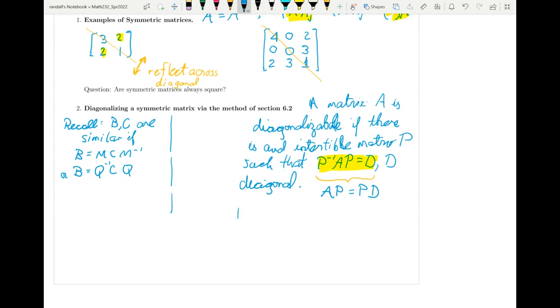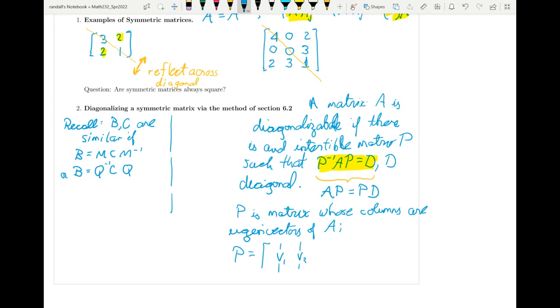And recall that P is the matrix, and this was our algorithm, which I'm going to demonstrate in this example. P is the matrix whose columns are eigenvectors of A. So the first eigenvector is the first column, there's the second eigenvector, and these are ordered in terms of the eigenvalues, say.